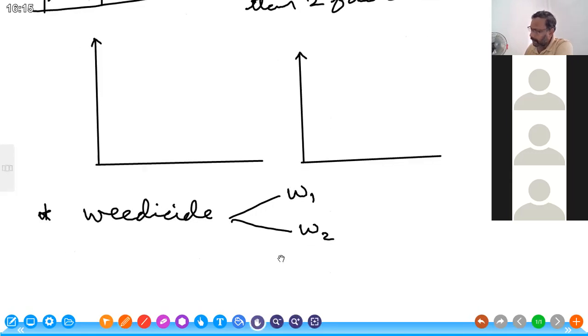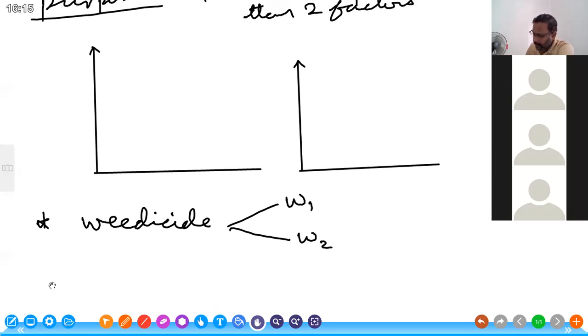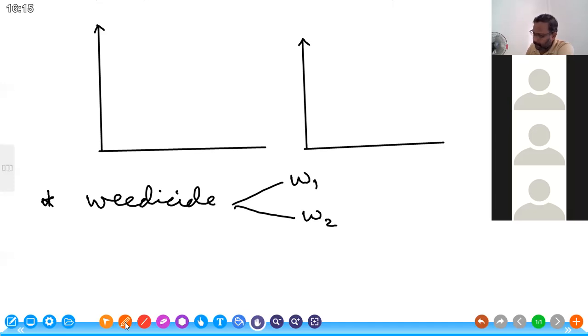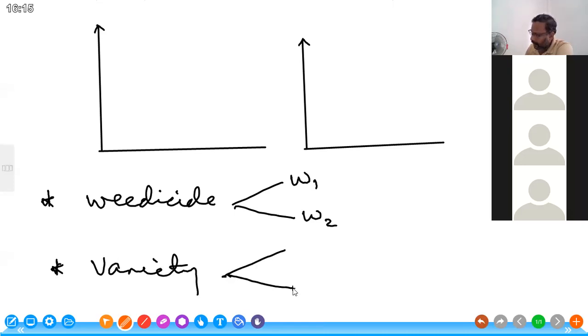So I have taken 2 we decide, W1, W2. The other component is variety, let's say V1 and V2. Let's say paddy variety or any variety.